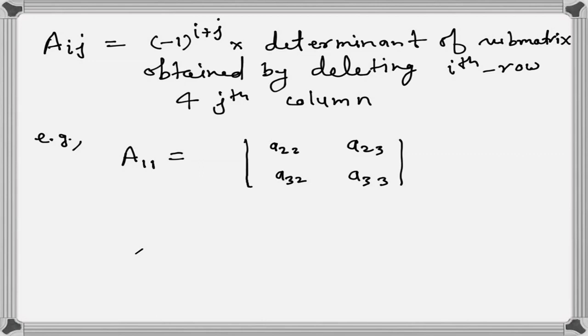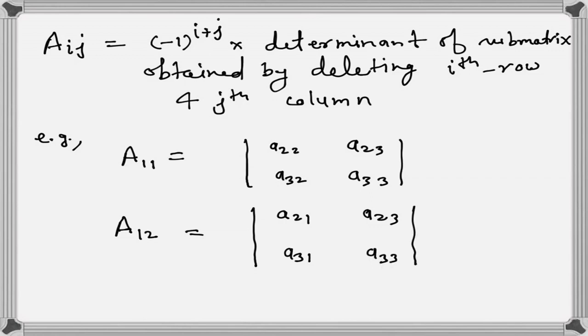Similarly, we can define the other Aij. Let's see what A12 is. You delete the first row and the second column, so you get A21, A23, A31, A33, and here it will be multiplied by minus 1 to the power 3.